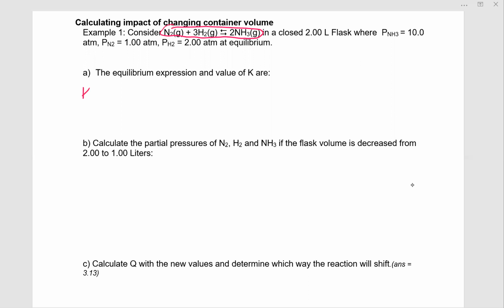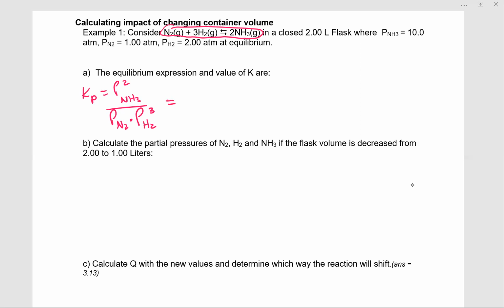So we would write that Kp is equal to the partial pressure of NH3 squared over the partial pressure of N2 times the partial pressure of hydrogen cubed.